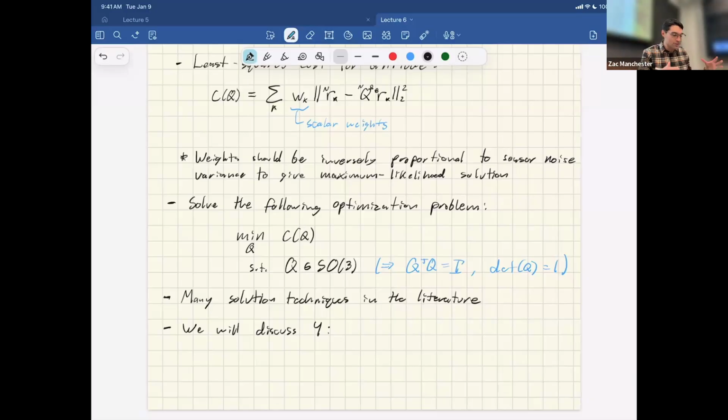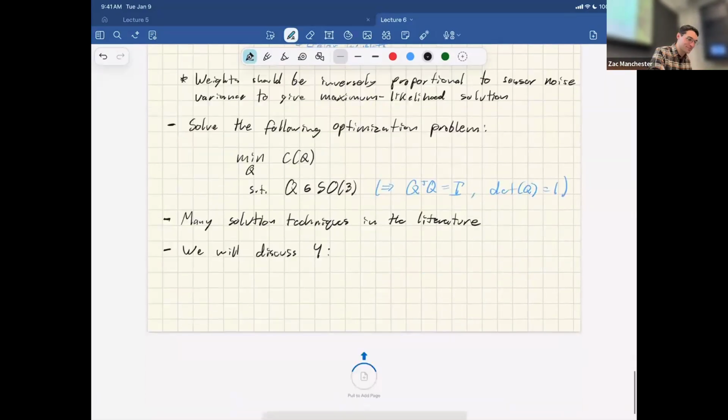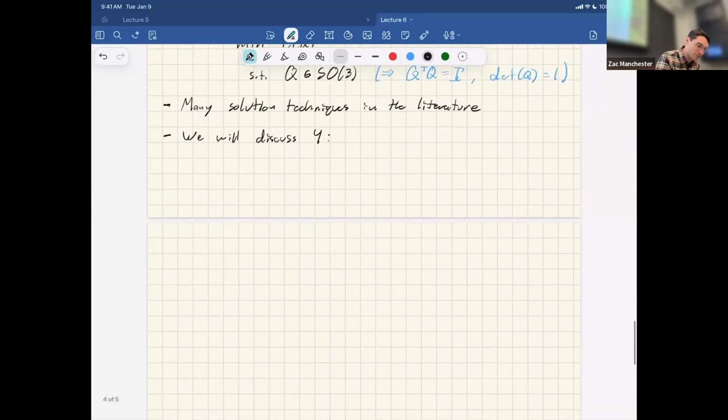But it turns out there's enough special structure in this that it is actually solvable, almost in closed form. But you need some tricks to get there. And each of the methods has its own little nugget of insight that I think is worth talking about.